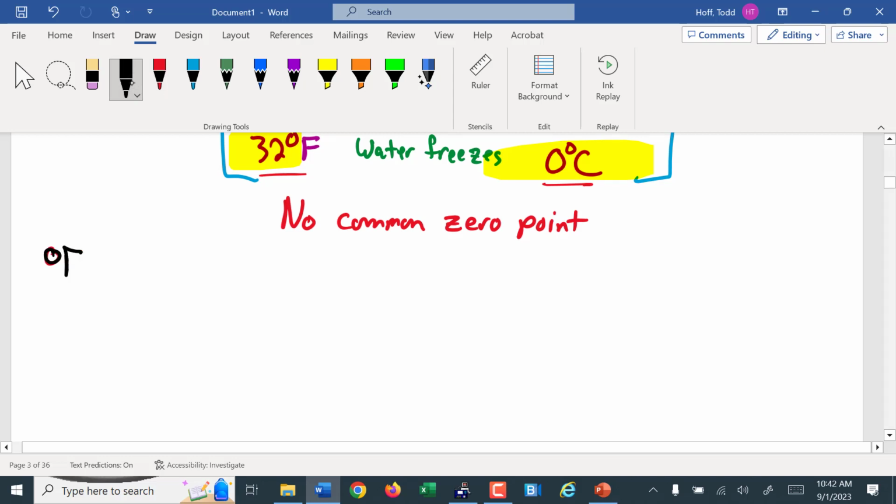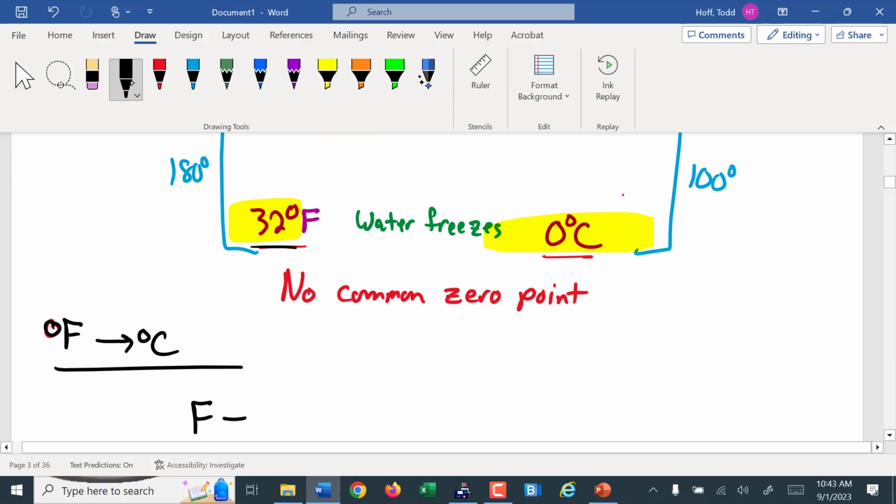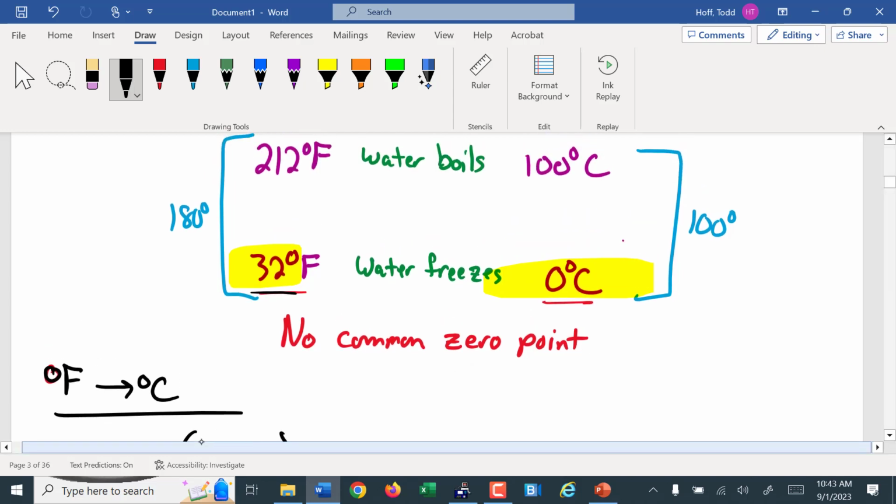So if I'm going from degrees Fahrenheit into degrees Celsius, I take my Fahrenheit temperature, and the first thing I have to do is subtract my difference in freezing temperatures. 32 and 0, I subtract 32 degrees. Next, I have to account for the difference in the size of 1 degree.